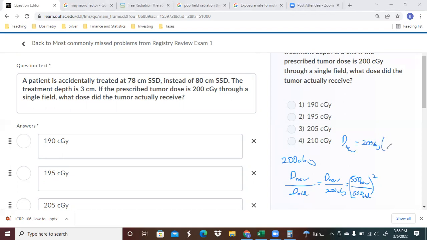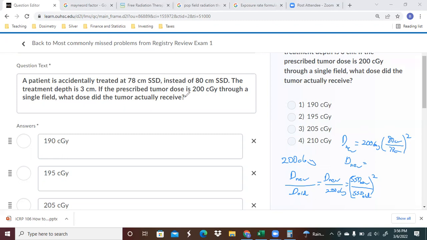The actual dose is going to be 200 centigray multiplied by 80 cm divided by 78, squared. The actual dose should be higher, and the reason is that you are treating at a smaller SSD than what it was planned for.